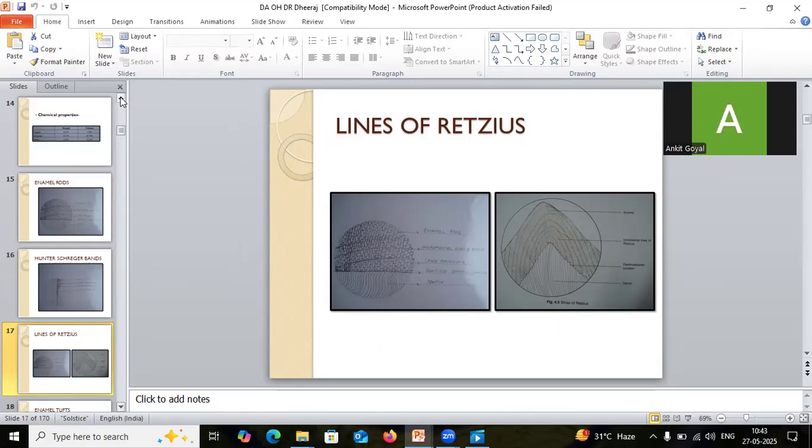Incremental lines of Retzius are seen as encircling the dentin in the incisal or the cuspal region, while at the cervical region, those striae extend to the surface, creating wave-like grooves on the enamel surface, which are called as perikymata or imbrication lines of Pickerill.